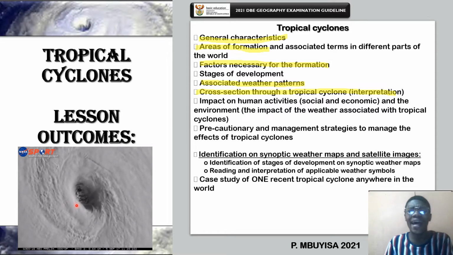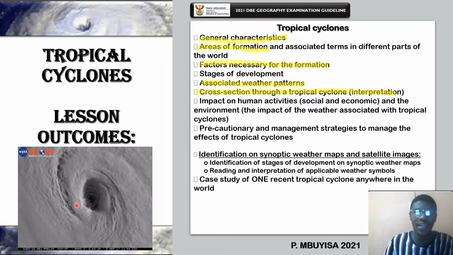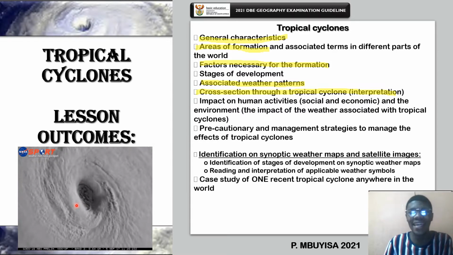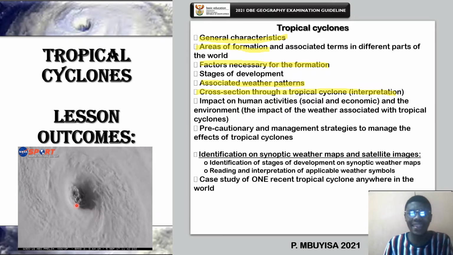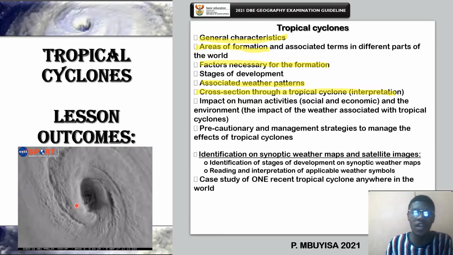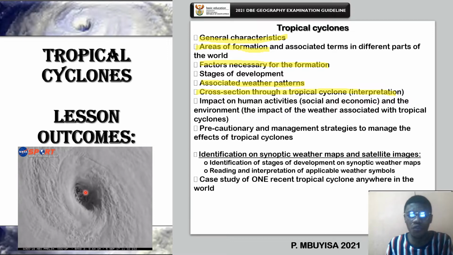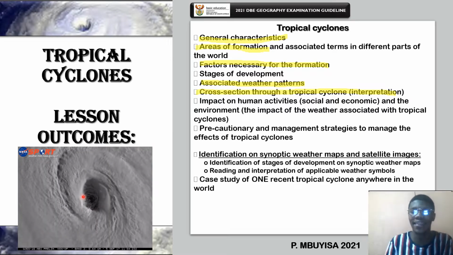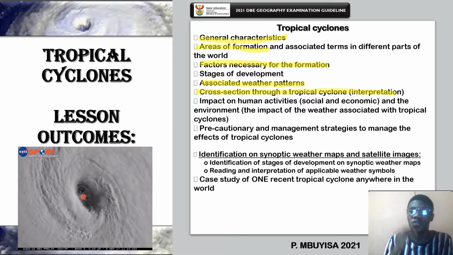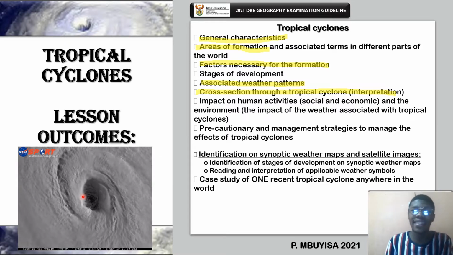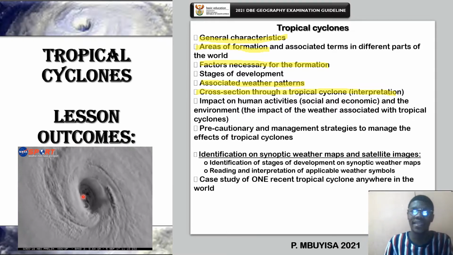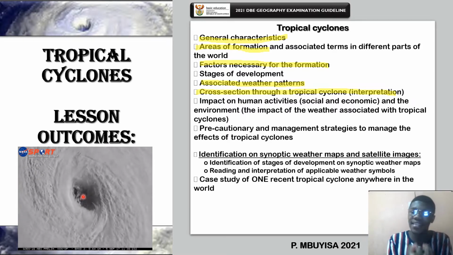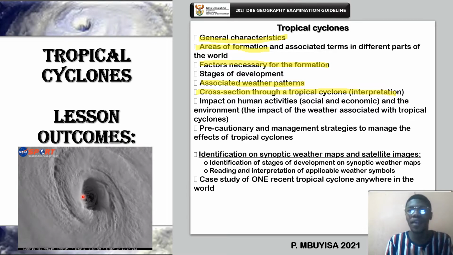Now another one to think about is that, remember, our air is entering the system. Now at the center of the system, we have the development of what we call an eye. One of the general characteristics of these systems is that they are associated with an eye in the center of the low pressure.